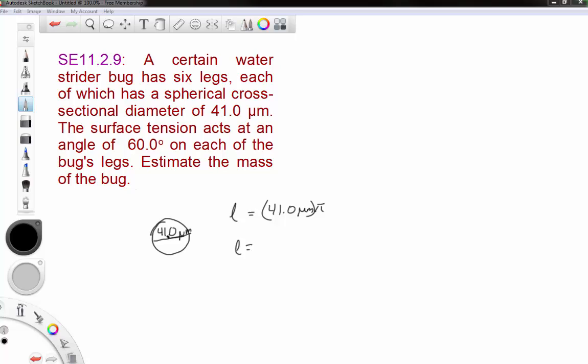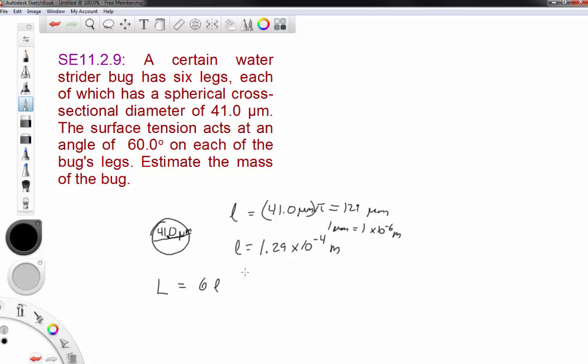And 41 was micrometers, so this gives us 129 basically. So this becomes 1.29 times 10 to the minus 4 meters. Because again, this right here is going to give us about 129 micrometers. 1 micrometer is equivalent to 1 times 10 to the minus 6 meters. So this is the length of each leg.